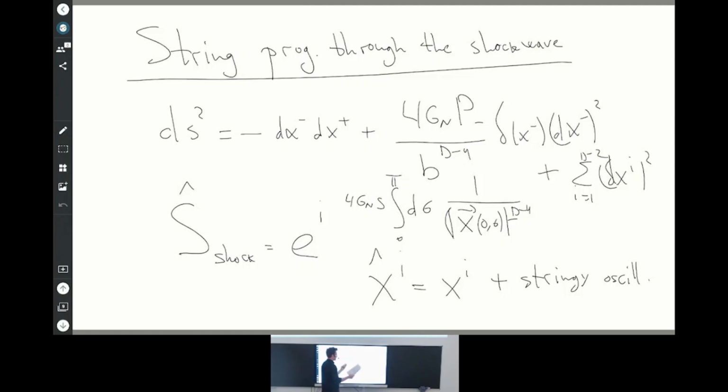The basic thing is that it's free before and it's free after, and then you have to match. This is like when we solved the wave equation, and that was the effect. Here the statement is that you just do it on the worldsheet, and this is the effect. So the string oscillators get excited, and you can compute this effect.